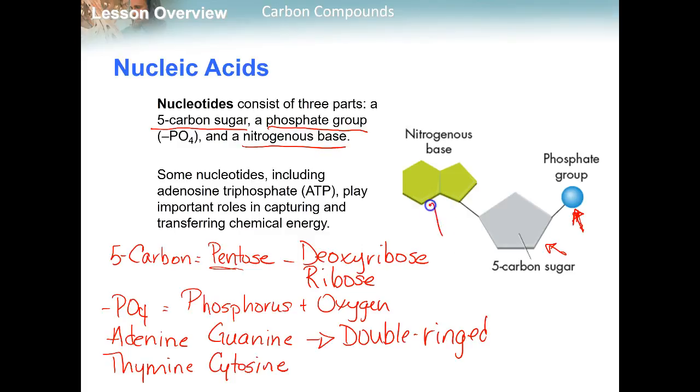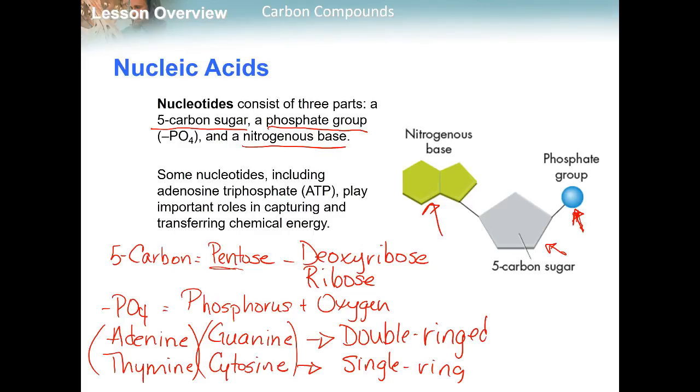So this could be either adenine or guanine. Thymine and cytosine are single ring in their chemical structure. And when we do bonding, adenine will always chemically bond with thymine, and guanine will always chemically bond with cytosine.